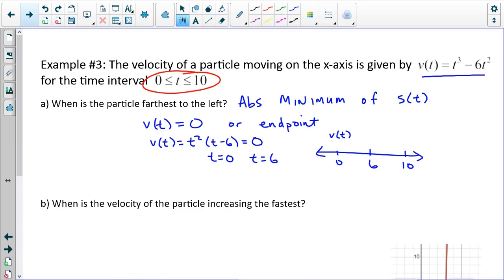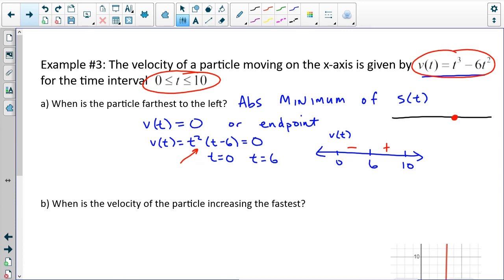So between 0 and 6, the velocity is negative when I sub values into my velocity. And it's probably easier to sub them in after it's factored. When I sub in values between 6 and 10, it's positive. So if I think about this using logic, I have a particle that exists only on the x-axis. It's going to start somewhere.